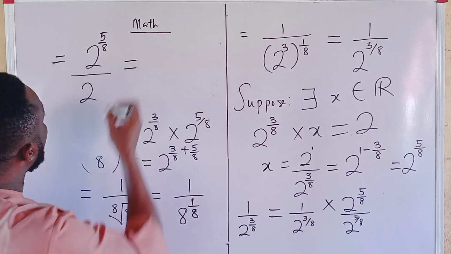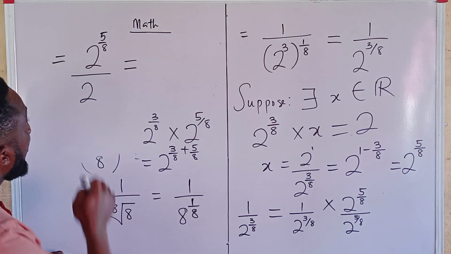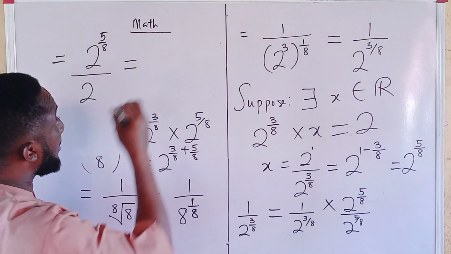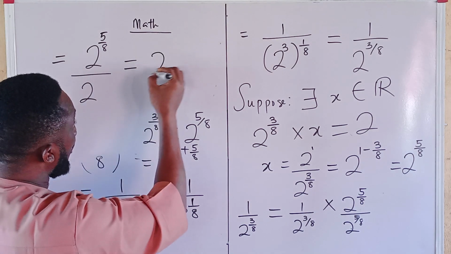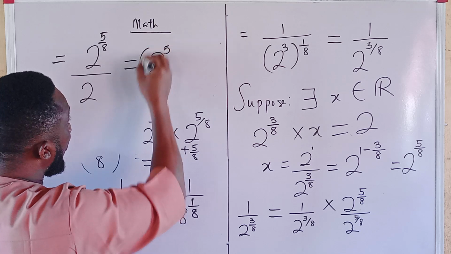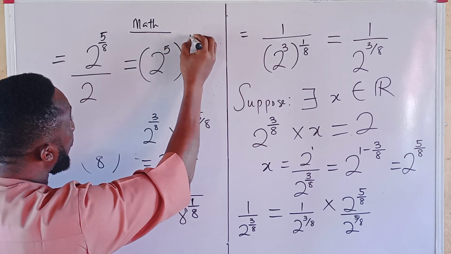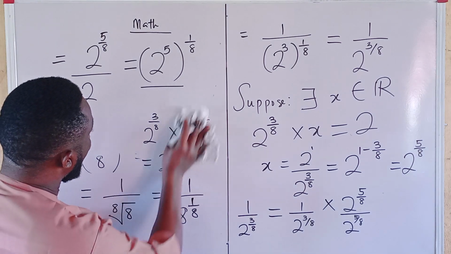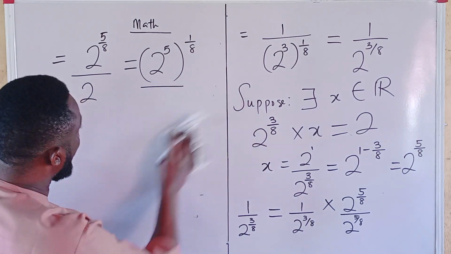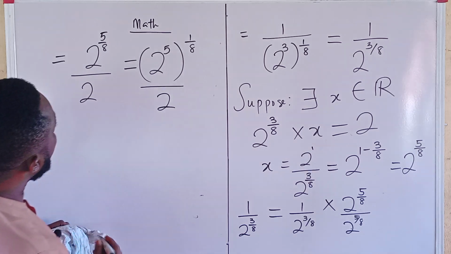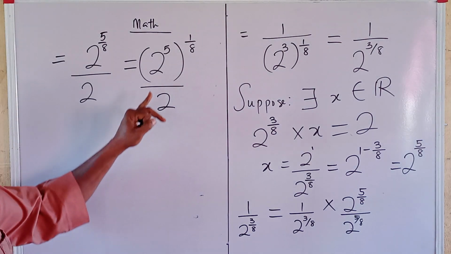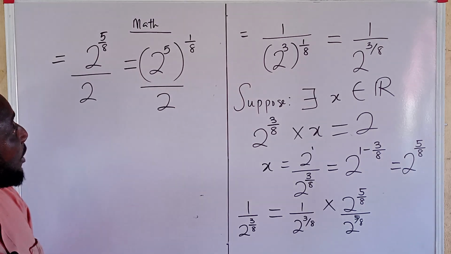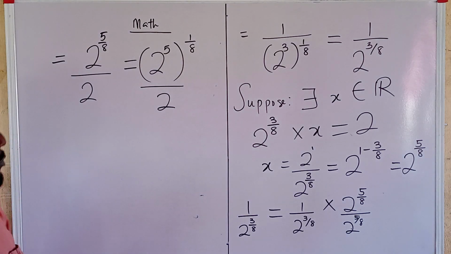I can still simplify this further. 2 to the power of 5 upon 8, I can write as 2 to the power of 5, all raised to the power of 1 upon 8, all divided by the denominator, which is 2. Now 2 to the power of 5 is 2 multiplied by itself 5 times, and that's going to be 32.